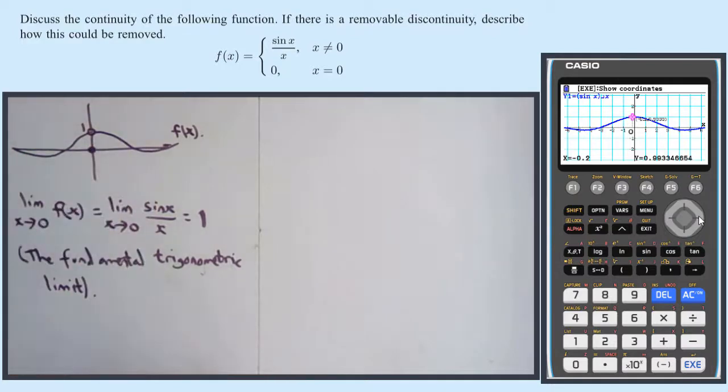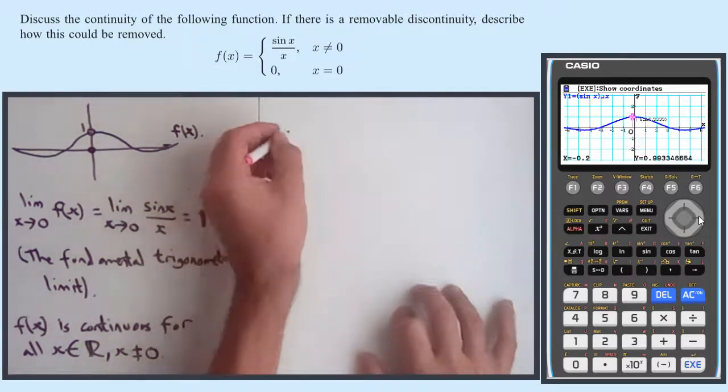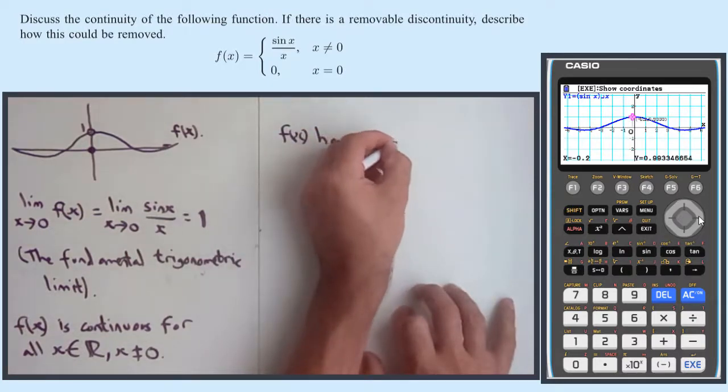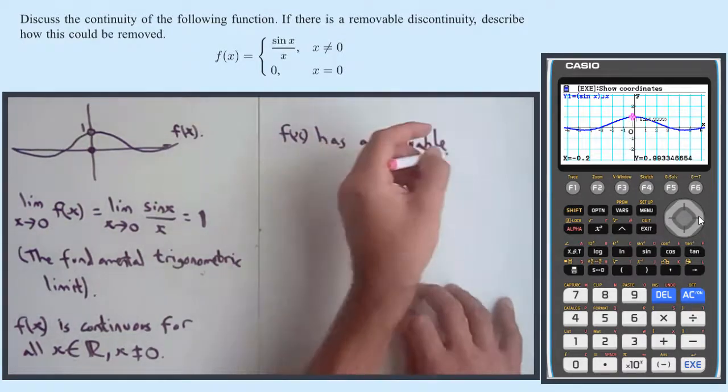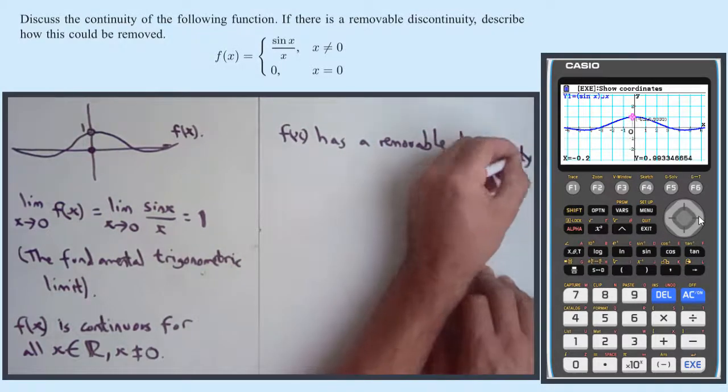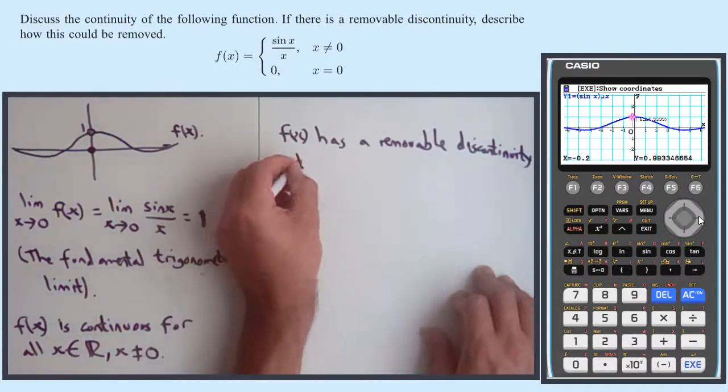Everywhere else in this function it's defined. So f of x is continuous for all real x apart from x equals 0, and we have a removable discontinuity at x equals 0.